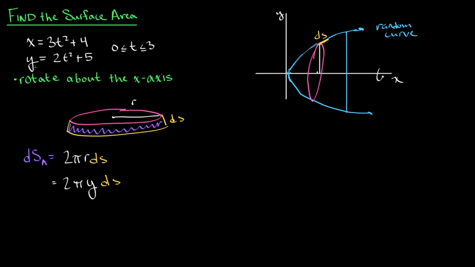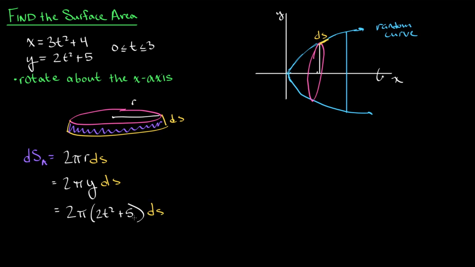And all we need to do is look up at our parametric equations to do so. So we see that y is equal to 2t squared plus 5. So we can write that out. That's now going to be 2 pi, and we're saying that y in terms of t is going to be 2t squared plus 5. And this right here is the circumference of these vertical slices that we're making. And now, what we've seen in the last couple videos is ds.